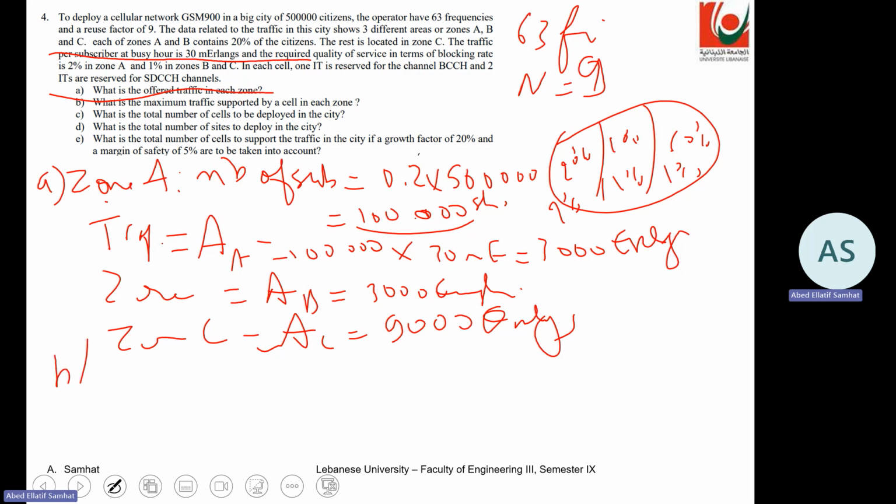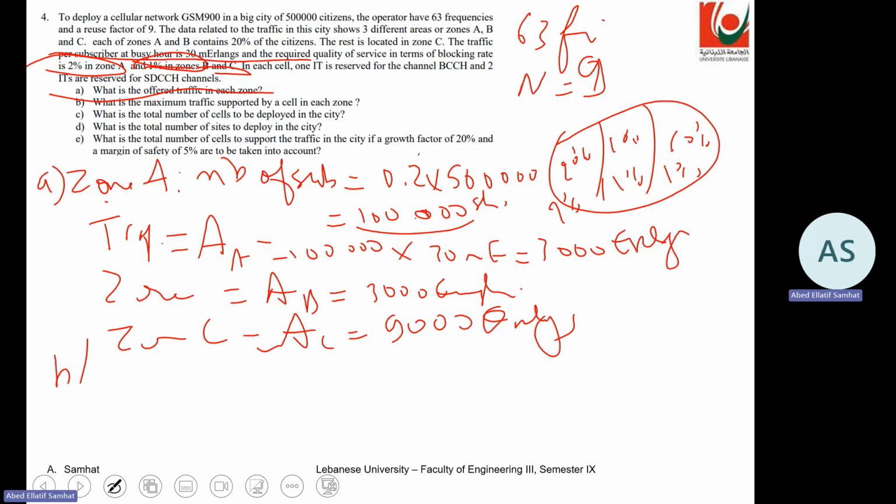For B, what's the maximum traffic supported by a cell in each zone? Let's start with zone A. What's the difference between zone A, zone B and zone C? It's the quality of service. So B and C will be similar, but A will be different.